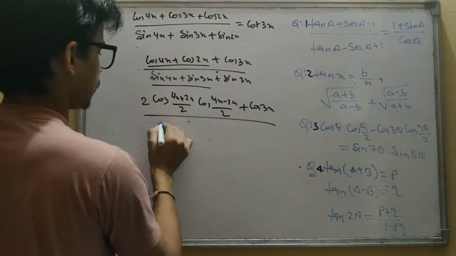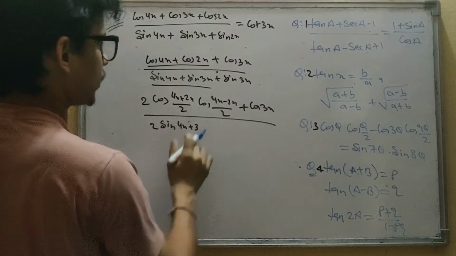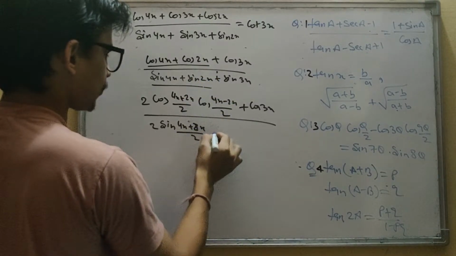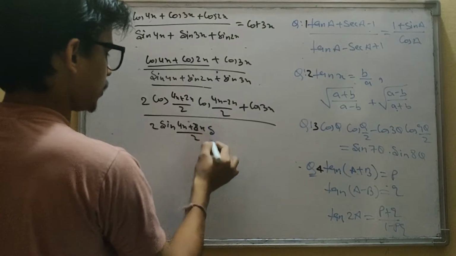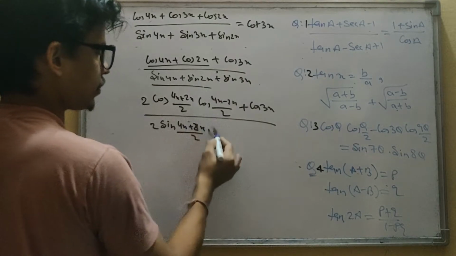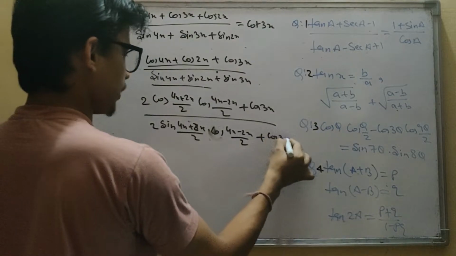Similarly here also, 2 sin (4x plus 2x upon 2). Sin C plus sin D is 2 sin (C plus D divided by 2) cos (4x minus 2x divided by 2), plus sin 3x, right?